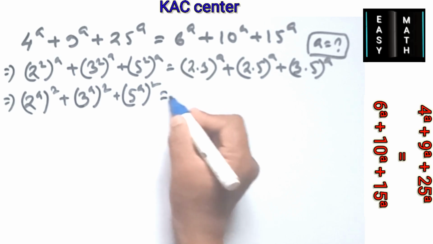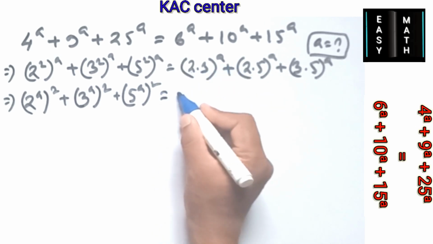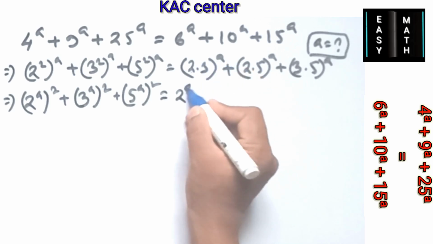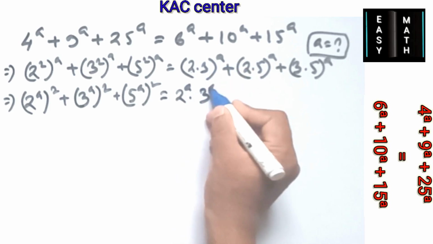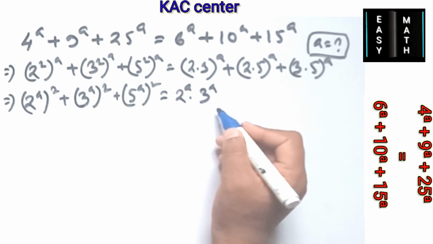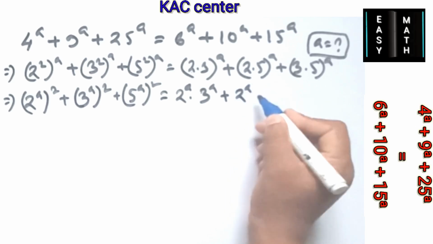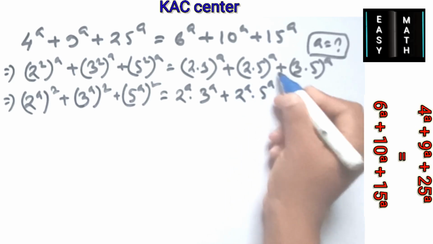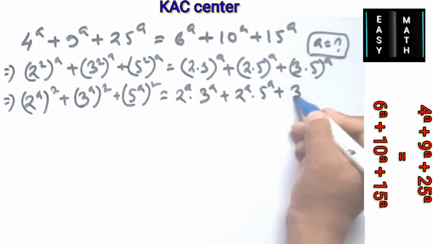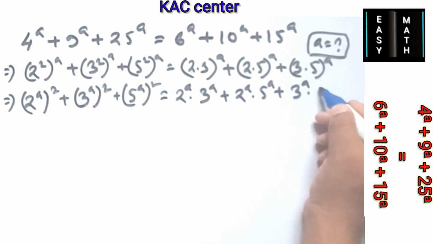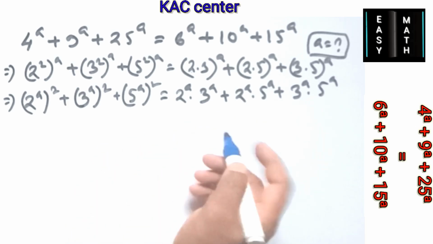Now we can write 2 to the power a squared, 3 to the power a squared, and 5 to the power a squared, plus 2 to the power a times 3 to the power a, and so on.